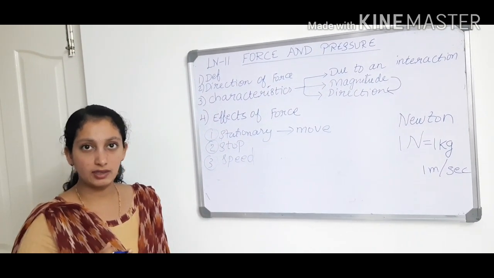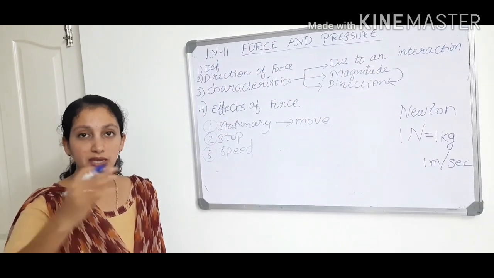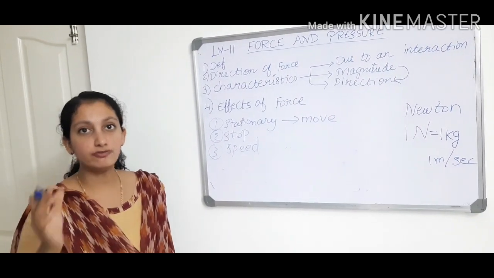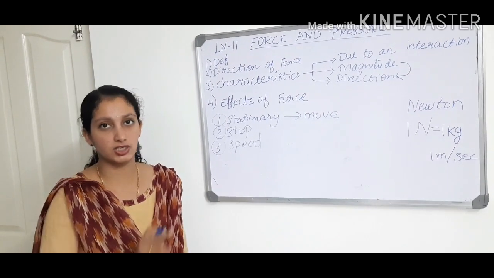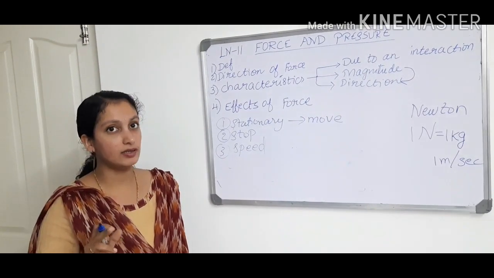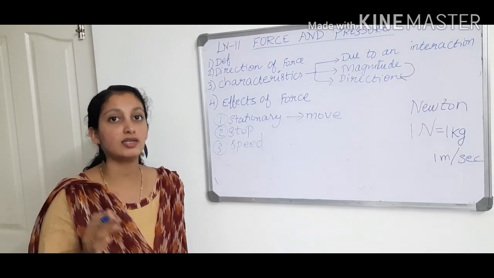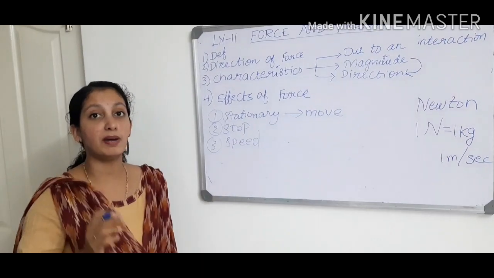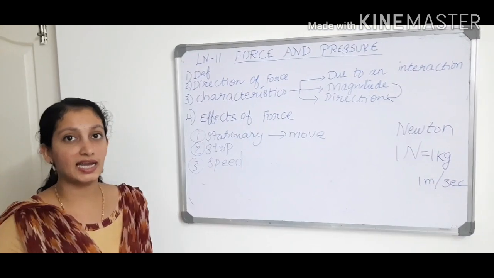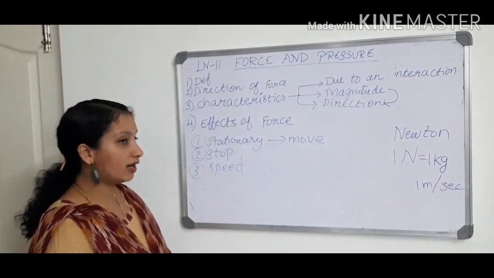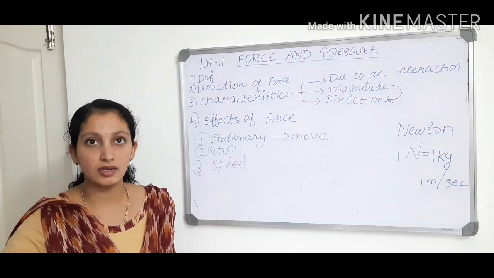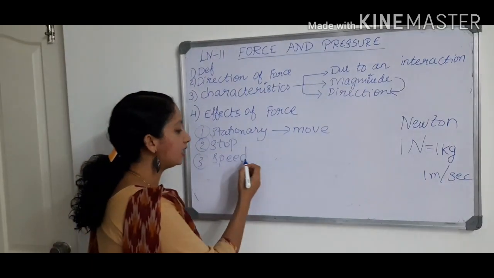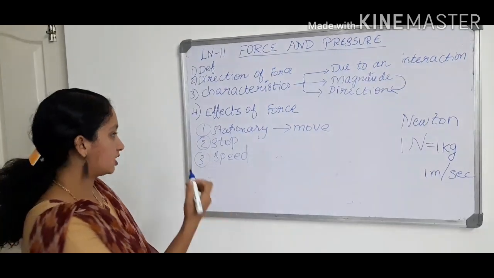You can decide at what speed you are applying the force to rotate the pedal. It makes the movement faster or slower. That speed is decided by the person riding the bicycle. Once you apply the brake, a sudden stop happens. So you can decide the speed of the movement.